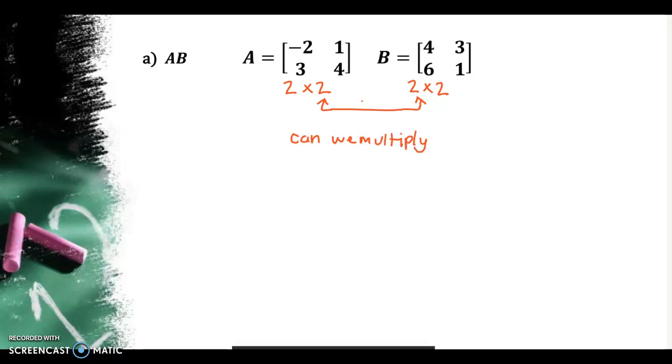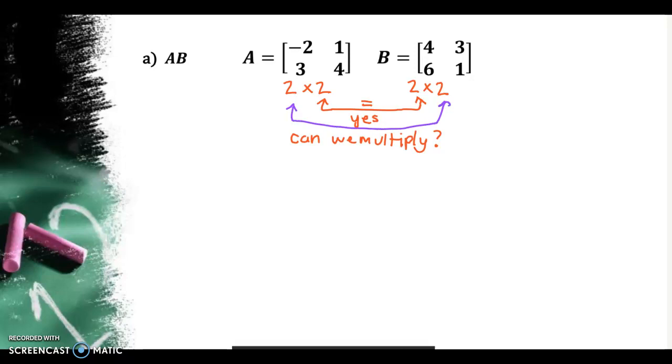If the number of columns is the same as the number of rows in the second matrix, so they're equal, then yes, we can multiply. And the result is going to be a 2 by 2 matrix.